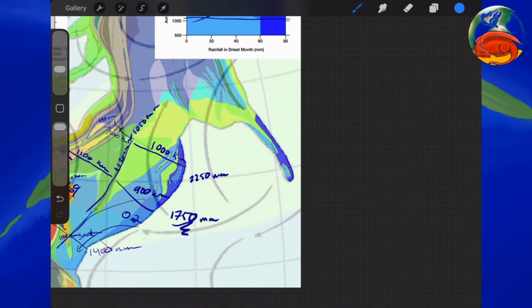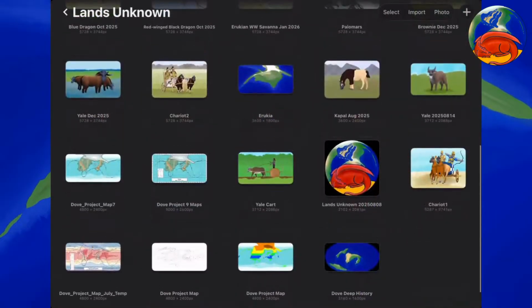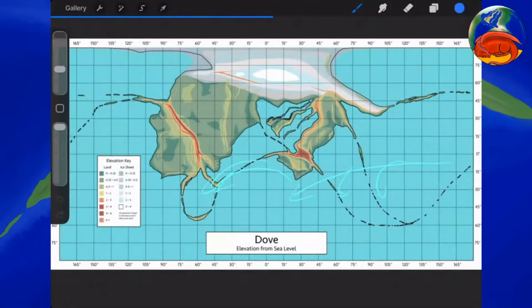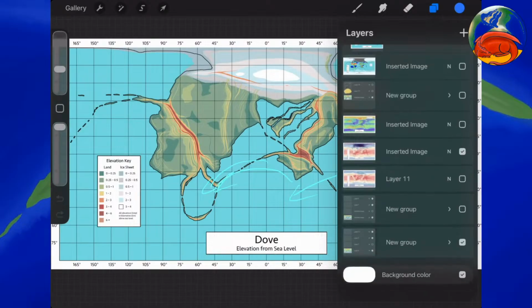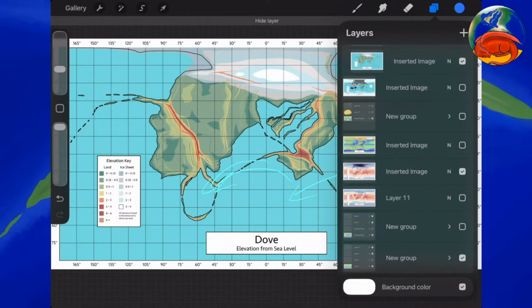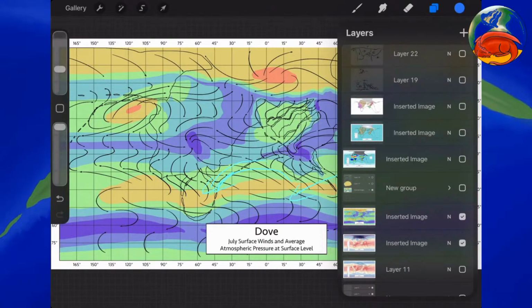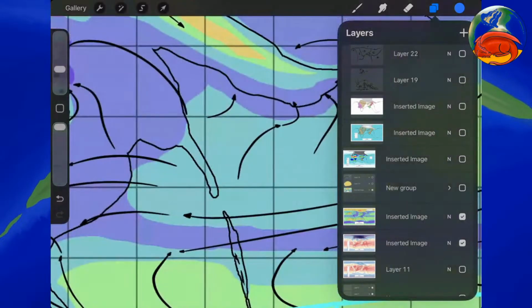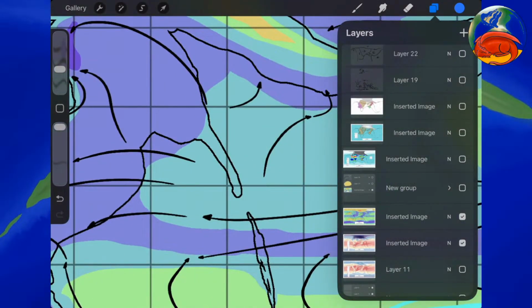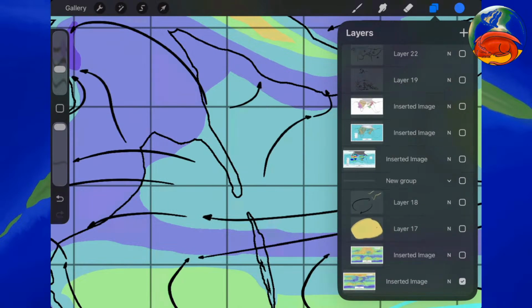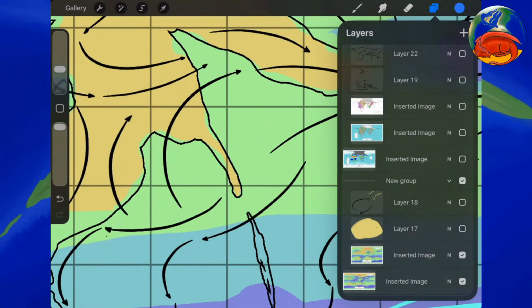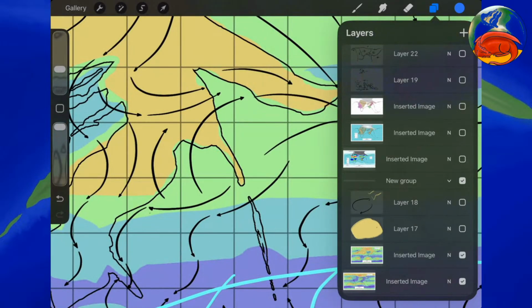Let me go back to here so I can see my. All right. Yeah, it's gonna be pretty arid.